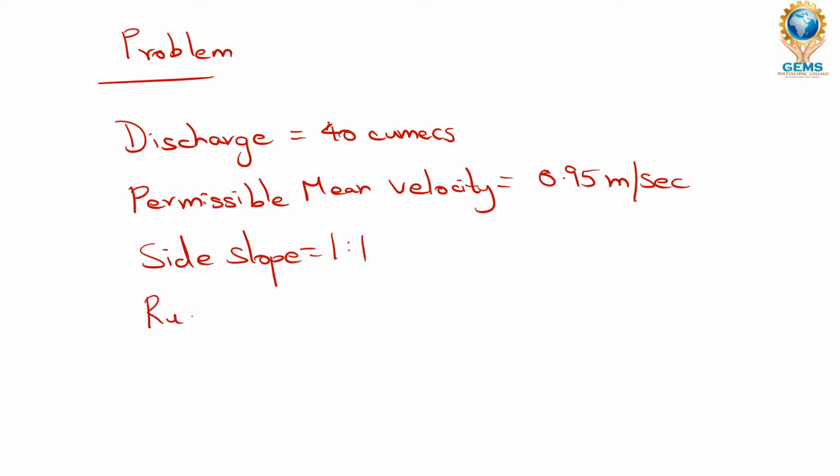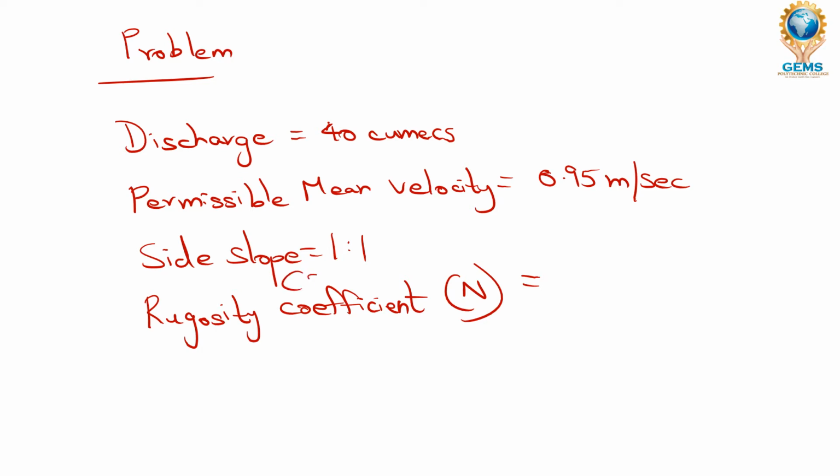Our rugosity coefficient, you can note the rugosity coefficient as n. Then the side slope is s. Then the rugosity coefficient they have given us is 0.0225. Then the final one, the B by D ratio, the breadth by depth ratio, which they have given us is 6.5.